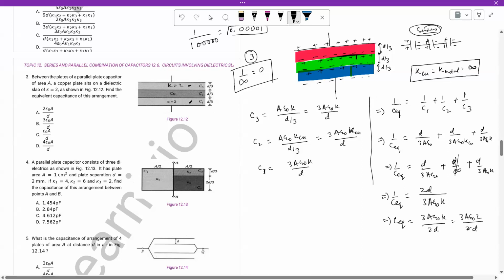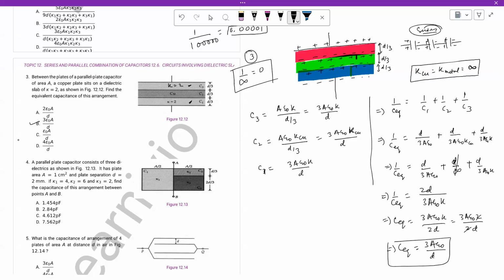So the 2 and 2 cancel, and this is 3 A epsilon naught by d. Is it clear? Yes, sir. Okay, then please note it down. And the fourth question, I will leave it to you.